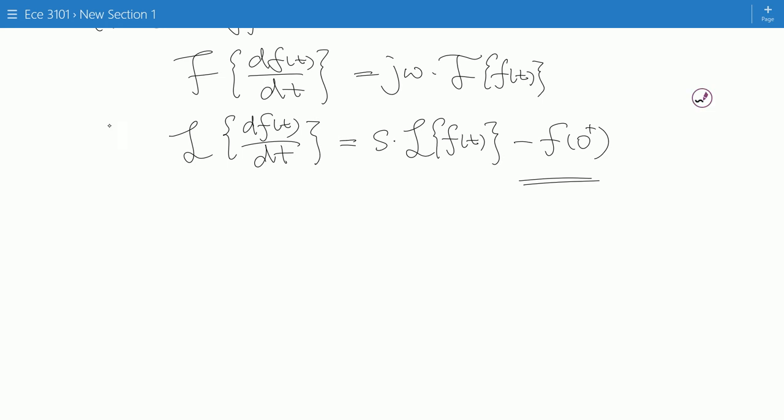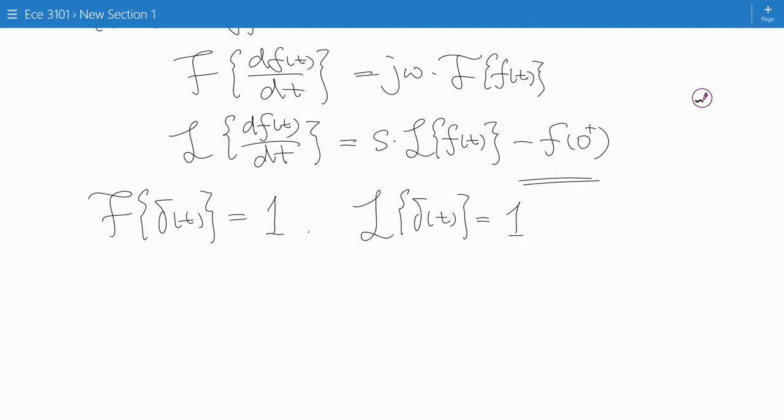If we still remember the delta function, the Fourier transform of the delta function should be exactly equal to 1. Similarly, if we do the Laplace transform of the delta function, using the definition, it's not difficult to find out this should be equal to 1 as well. Not surprising.